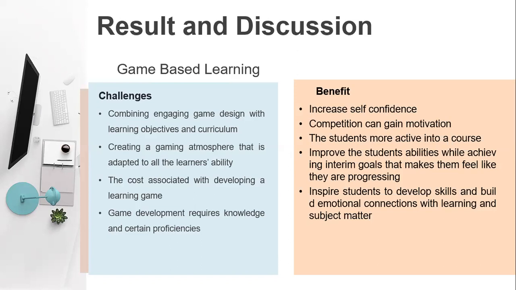Game-based learning also has an important role in teaching by making students collaborate, communicate, interact, and work in teams, research, problem-solving, leadership, teamwork, creativity, logic, decision-making, adaptation, communicative skill, and interaction. Strategic games can improve brain function. Gaming creates dynamics that can inspire students to develop skill and build emotional connection with learning and subject matter.